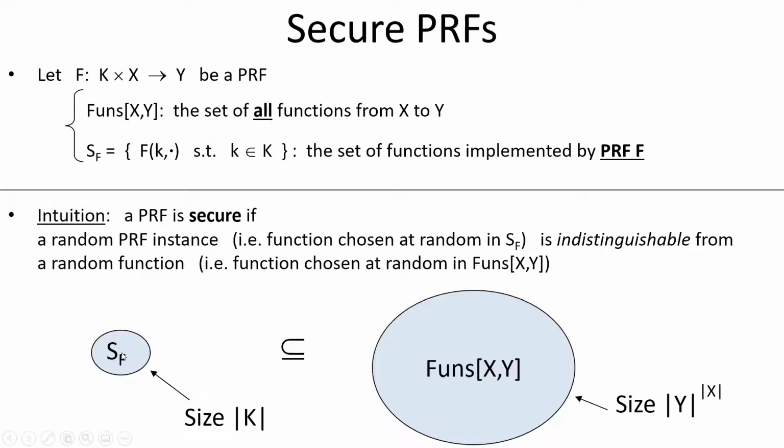The security notion would say no efficient algorithm can distinguish a function from here from a function from here, where he doesn't get the code of the function, he gets a box which computes this function on any inputs. So he doesn't know what's inside the box, because if he could, then he would just open the box and see, this function has a huge table, it's a random function. Or, no, this function has a short circuitry of DES, it's a DES PRF.